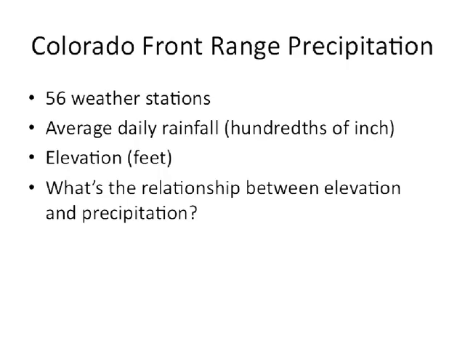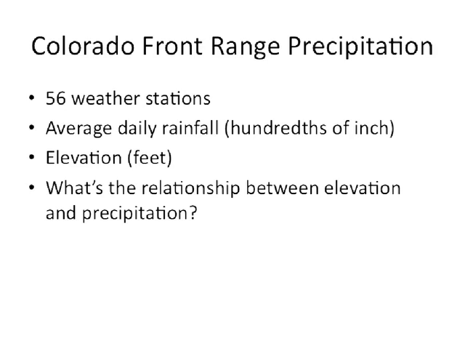So the first example is from the Colorado Front Range precipitation data. There we have 56 weather stations, and we've got the average daily rainfall and the elevation. And people are interested in the relationship between elevation and precipitation.